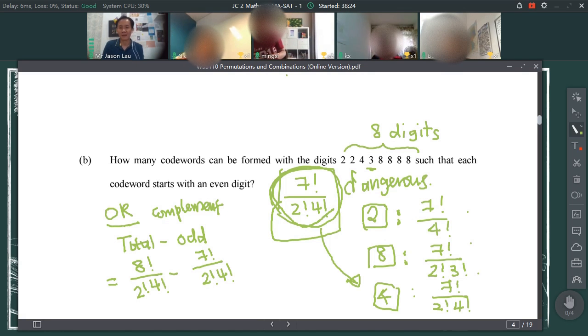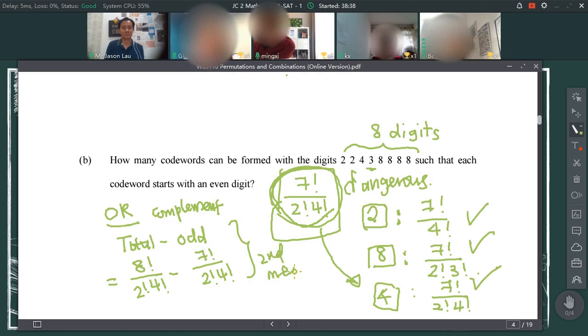I encourage you, when you do your own practice, do it by cases, and if you can, think of a second method. Then you can counter-check the methods against each other.